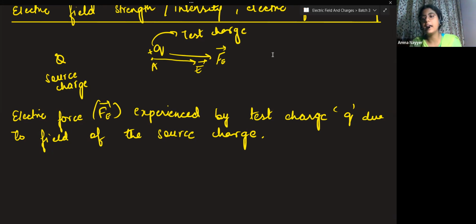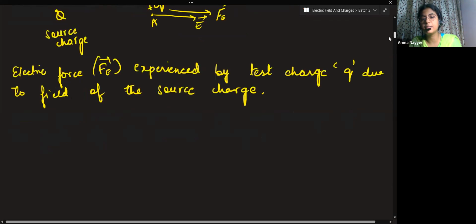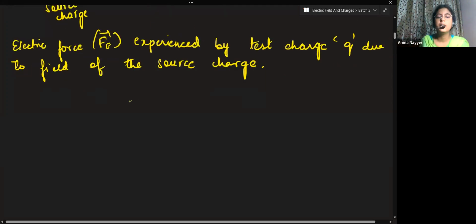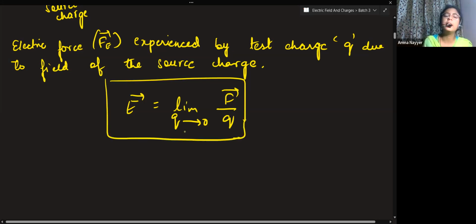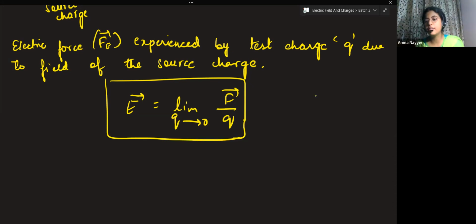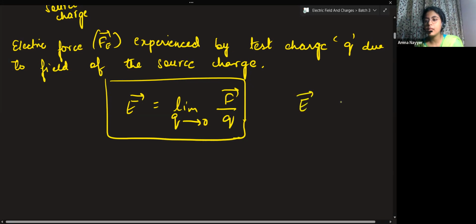If I rewrite the definition, electric field is equal to limit q tends to 0 of F by q. So basically electric field is F by q, force divided by charge.